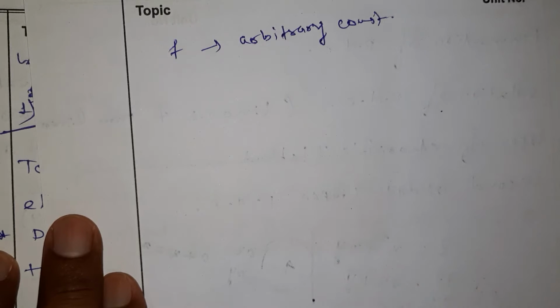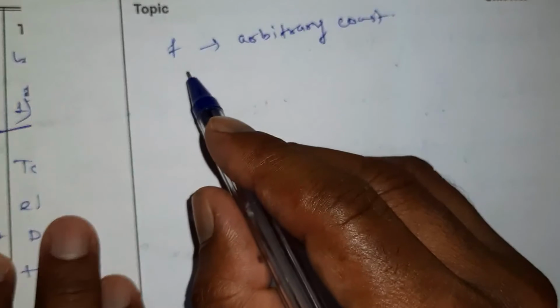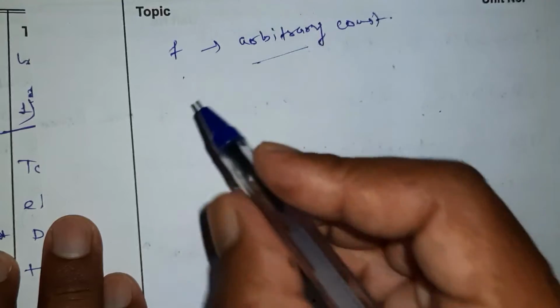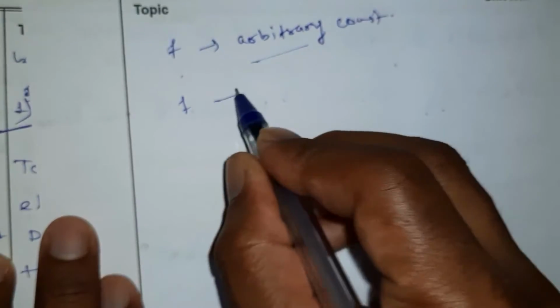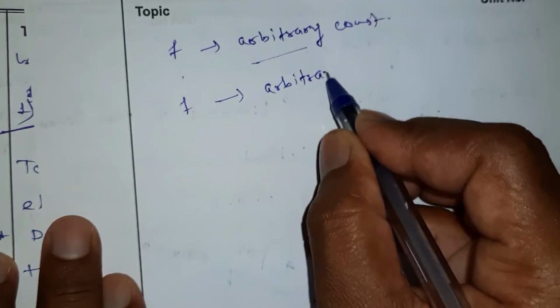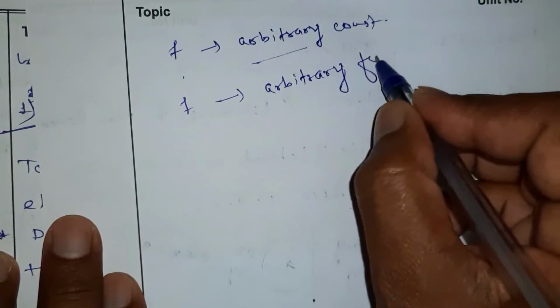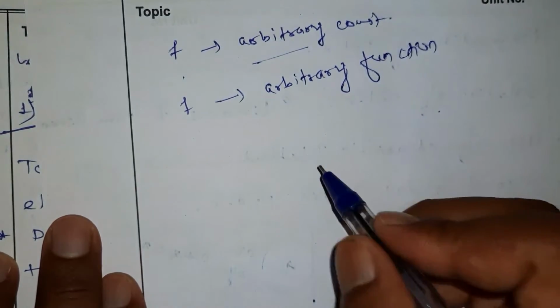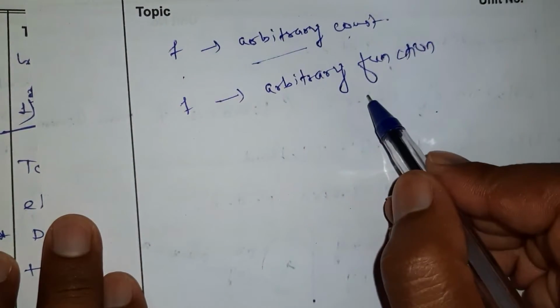Yes, the same method we are going to use, but in a partial differential equation there are two things. The first one is a function or solution which contains arbitrary constants, and the second one is a solution or function which contains an arbitrary function. Now you may get confused here.